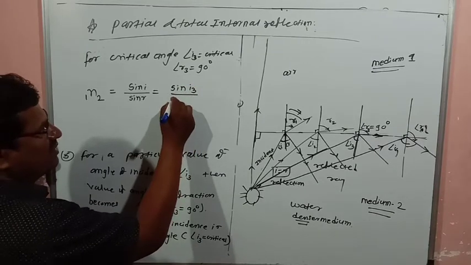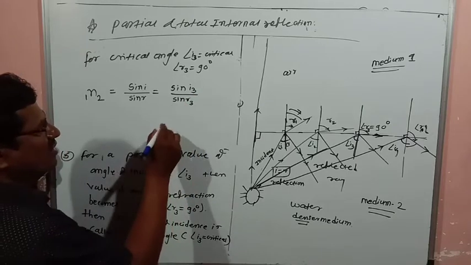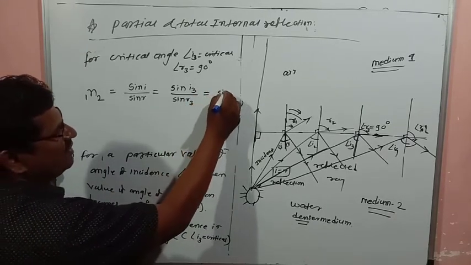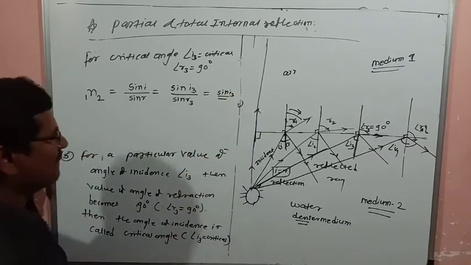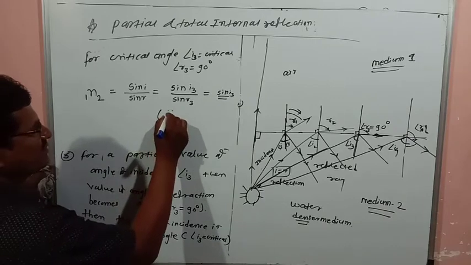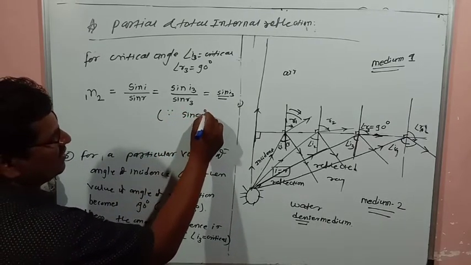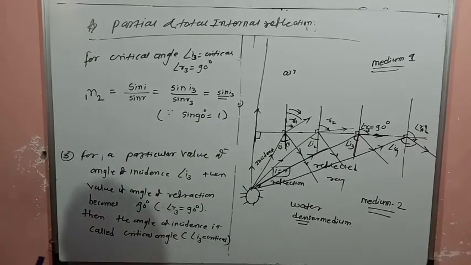So here it is equal to sin I3. Why sin I3? Because sin of 90 degree is equal to 1.